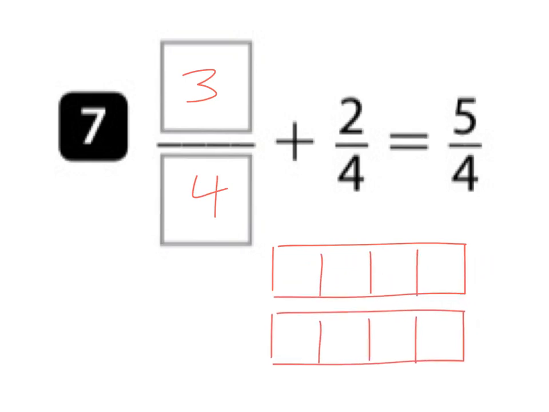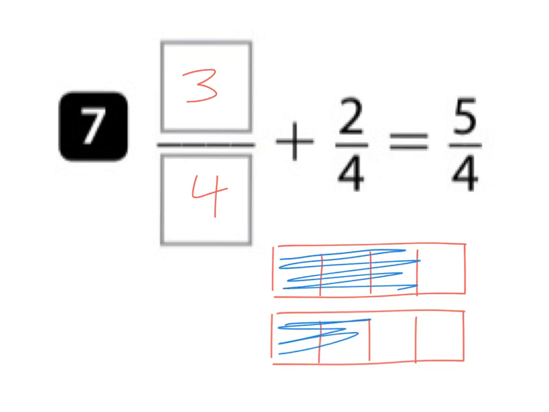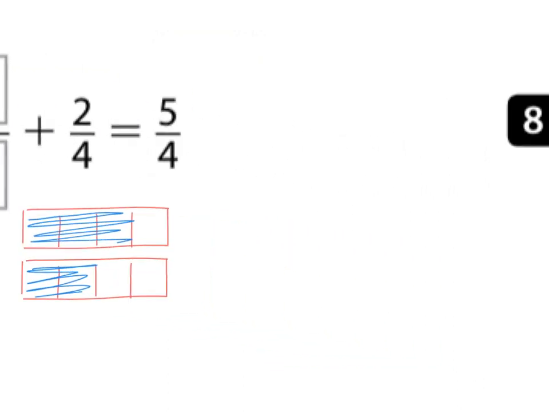The first one we're going to shade in 3 fourths. And then the next one will shade in 2 fourths. Let's count our total for our numerator. 1, 2, 3, 4, 5. 5 is our numerator, and each one of our wholes has 4. So 4 will be our denominator. So 3 fourths plus 2 fourths will give me 5 fourths.